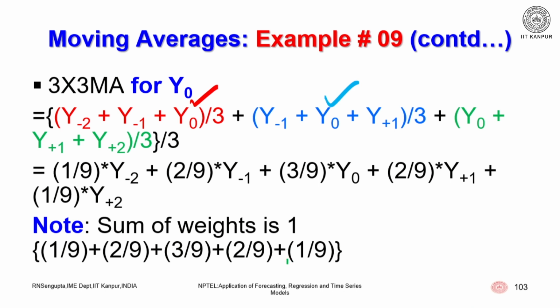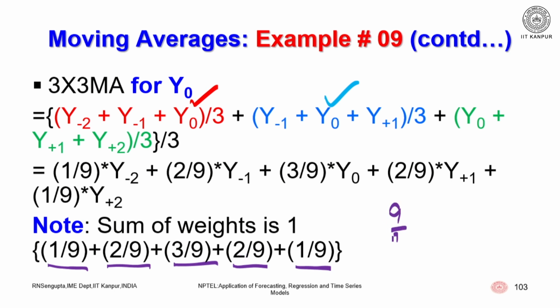As it is 3 cross 3, the denominator for the weightages will be 9. So, the weights are: for y minus 2 it is 1/9, for y minus 1 it is 2/9, for y naught it is 3/9, for y plus 1 it is 2/9 and for y plus 2 it is 1/9. So, the weights add up: 1 plus 2 is 3, 3 plus 3 is 6, 6 plus 2 is 8, 8 plus 1 is 9.